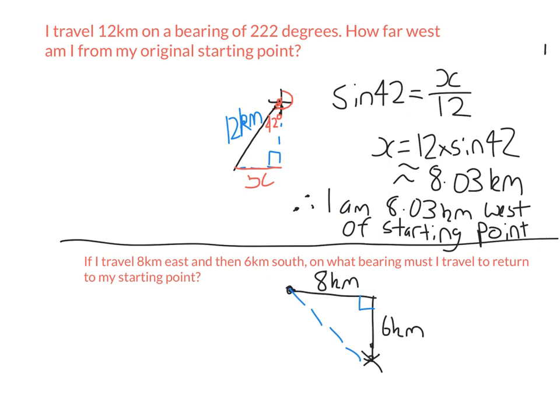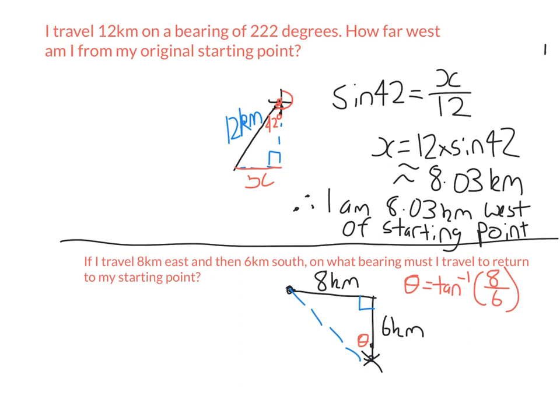So firstly, I need to find this angle theta. So 8 is the opposite, 6 is the adjacent, so I use tan. Because I'm finding an angle, it's tan inverse. So theta equals tan inverse of opposite on top of adjacent, because it's TOA. O is first, O goes on top.